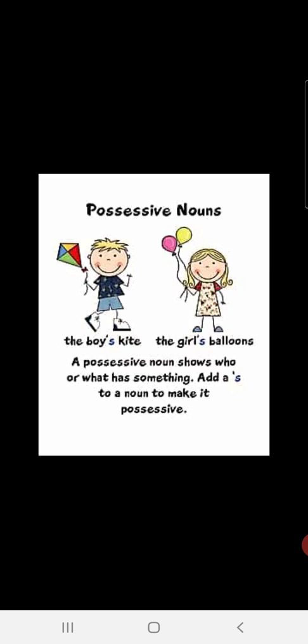The girl, then you have put an apostrophe, then you have added an s to it. Add an apostrophe s to a noun to make it possessive. Okay children, you just have to add an apostrophe and an s to the noun to make it possessive.